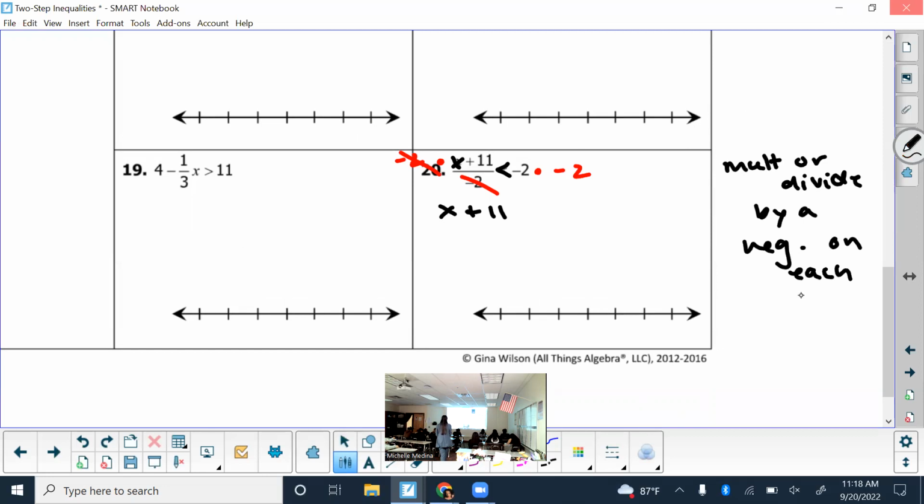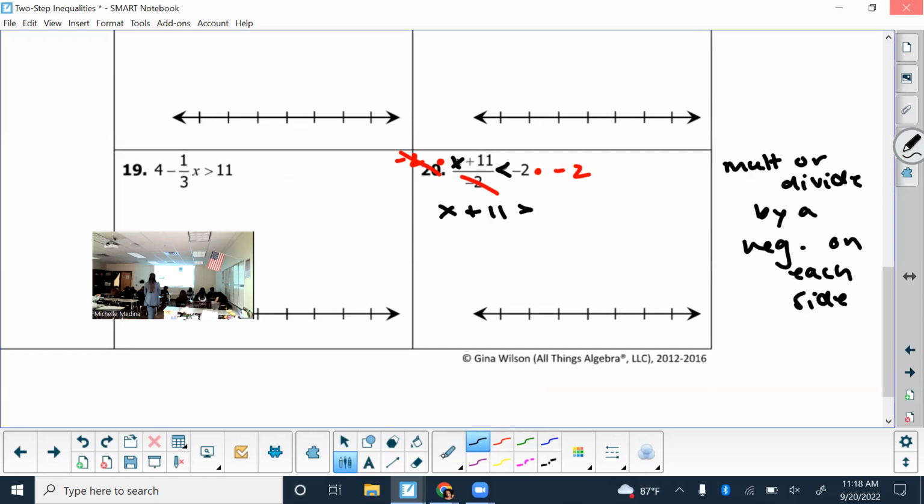So then, did I multiply a negative on each side? Yes, I multiplied that -2. So do flip that sign. Now instead of less than, it is greater than. I know that will trick some people on the unit test. Don't let it trick you.